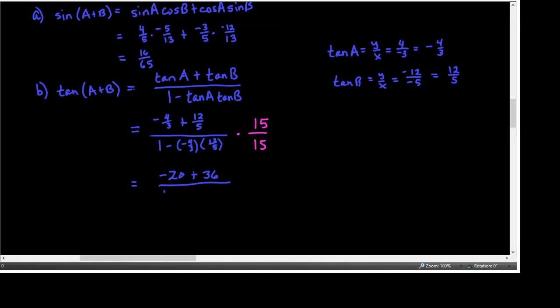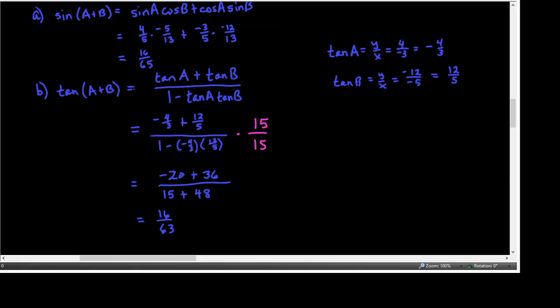And 15 times 1 is 15, minus a negative is plus. And then if I multiply 4/3 and 12/5 times 15, I'll get 48. And so that is 16/63. I'm assuming I did the arithmetic correctly. Hopefully someone will double check that. Yep, I think that's correct.